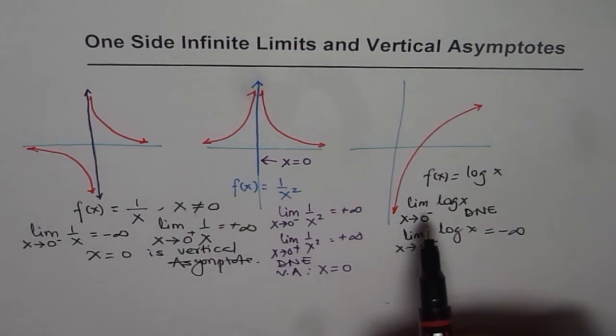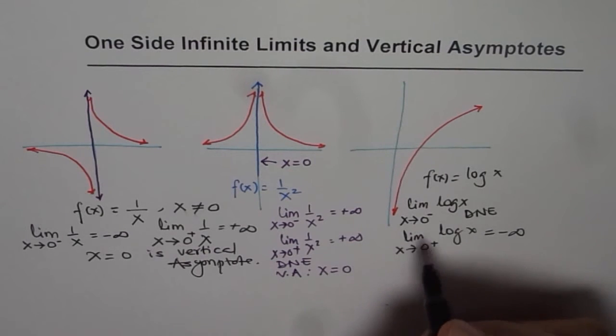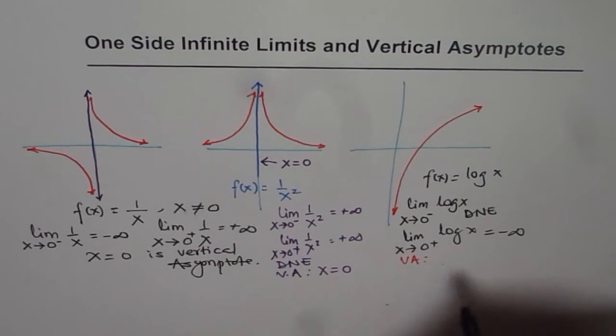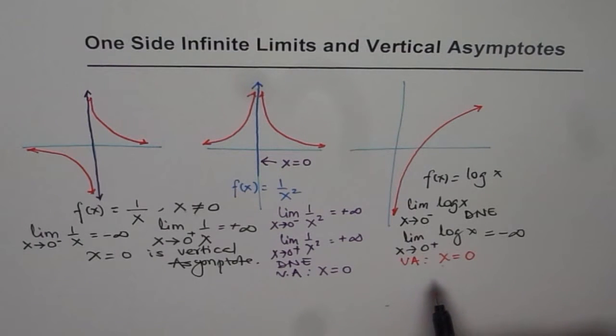Now, since the function approaches minus infinity as x approaches 0 from the right side, we say that there is a vertical asymptote. The equation of this vertical asymptote is x equals 0. So what we conclude is that if x approaches a value a, in this case 0, and the function approaches an unbounded value of infinity, positive or negative, then x equals a forms a vertical asymptote.